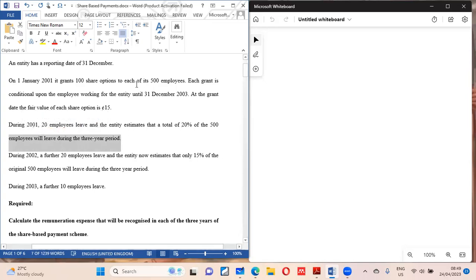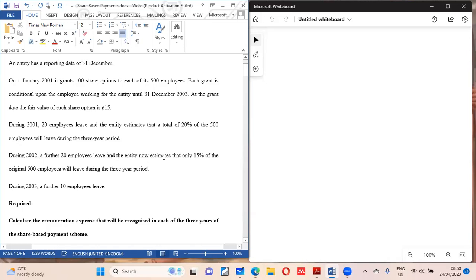So it means that the vesting period is 3 years, 2001, 2002, and 2003. That's the vesting date. In 2001, 20 employees leave, and the entity estimates that 20% of the 500 employees will leave during the 3-year period. In 2002, a further 20 employees leave.